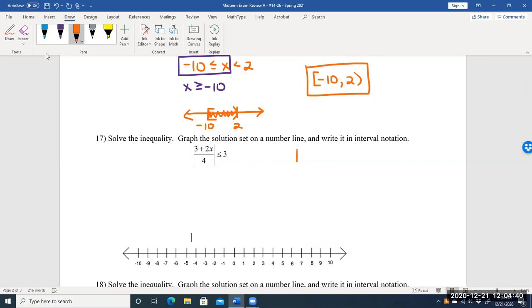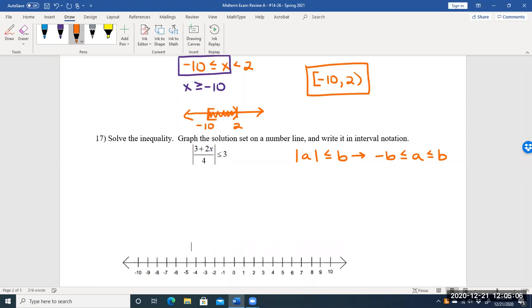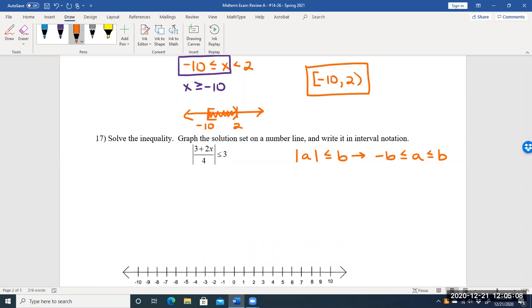If you have the absolute value of A is less than or equal to B, that is equivalent to this right here, assuming that B is greater than 0, by the way. We are going to turn this absolute value inequality into a three-part inequality.